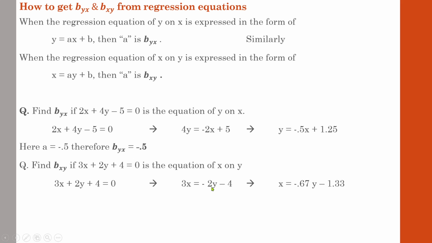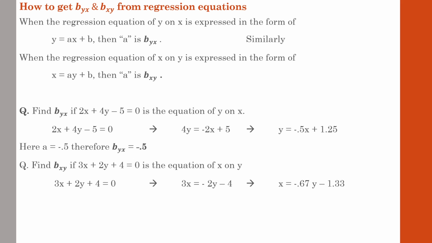And remember, try to simplify the equation as easily as possible. Here it is 3x. If you divide this section by 3, you will get x equal to minus 0.67y minus 1.33. Try to do this step because it may be confusing, but you have to do it compulsorily.